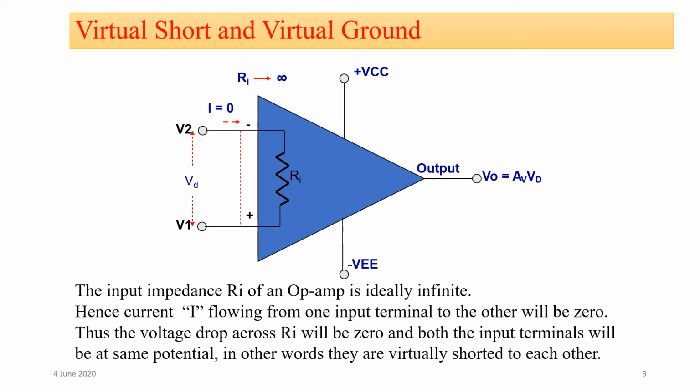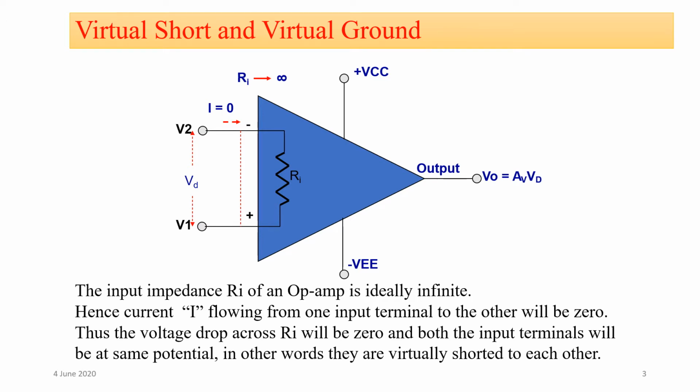As we have seen the important characteristics of op-amp, the input resistance ideally is infinite. So Ri is infinite. As Ri is infinite, the current flowing from one input terminal to other input terminal is equal to 0, that is I equals 0.